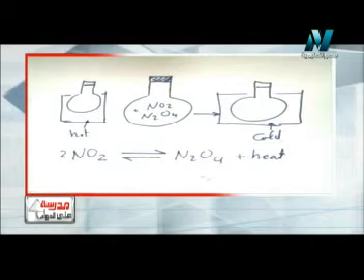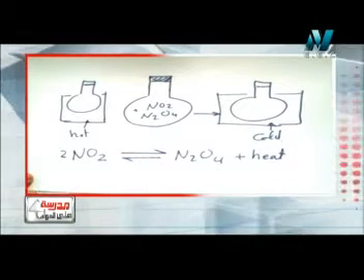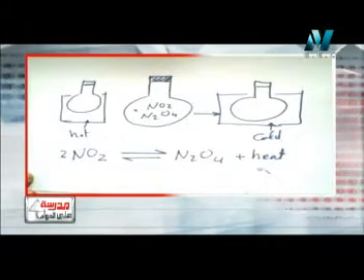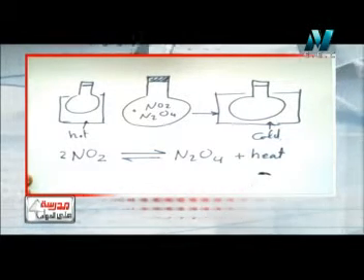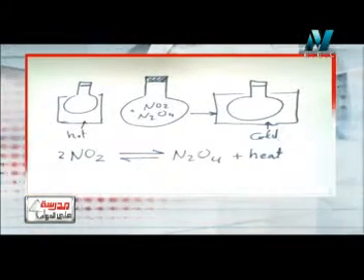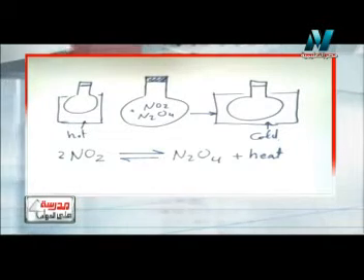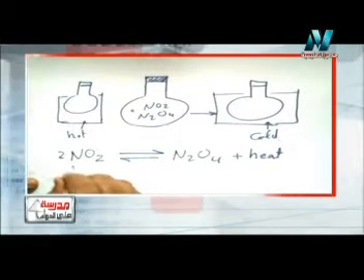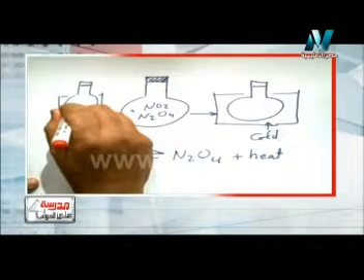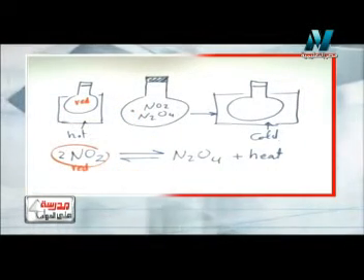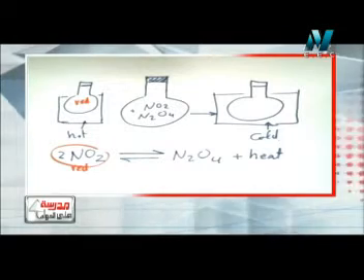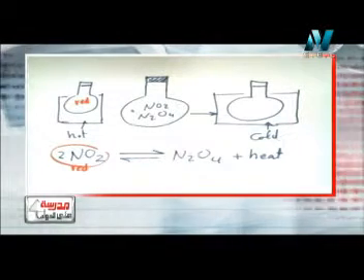When I put this mixture in hot water, increasing heat, according to Le Chatelier, it shifts the reaction backward toward the NO2, which has a red color. So it becomes red. Why? Because NO2 increases. N2O4 is converted into more NO2.